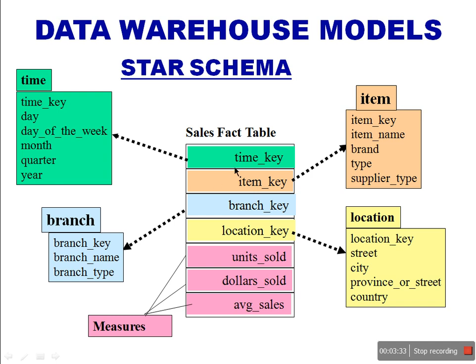So here we have time key, item key, branch key and location key, and we have three measures: units sold, dollars sold and average sales. So these are all the measures, and time key, item key, branch key, location key are the primary keys of the respective dimension tables. So the fact table is a combination of keys of all the dimension tables along with the measures.